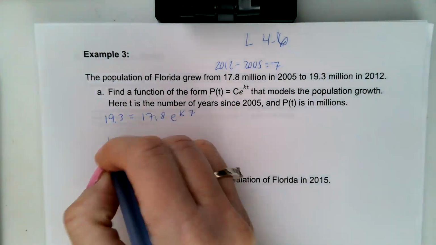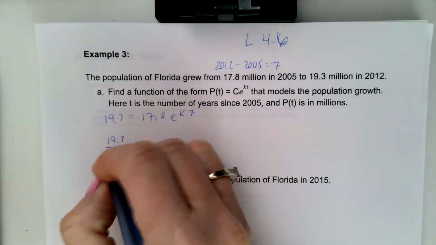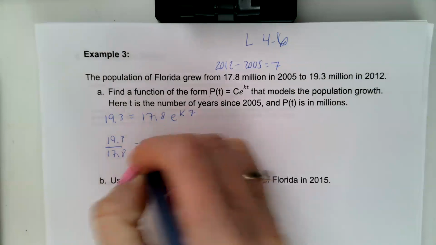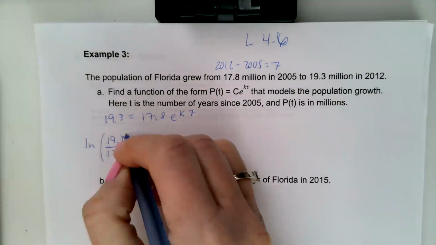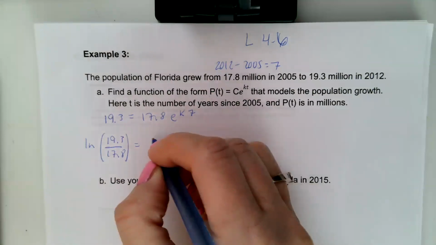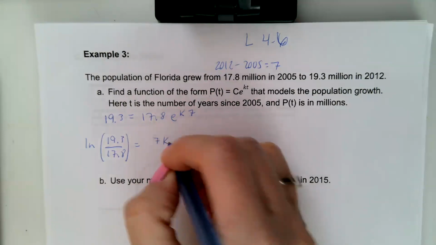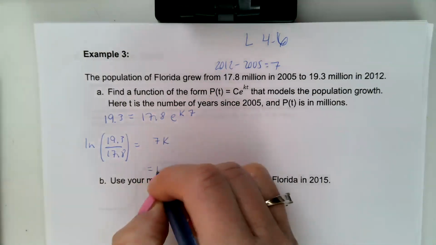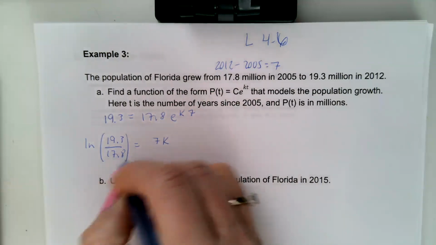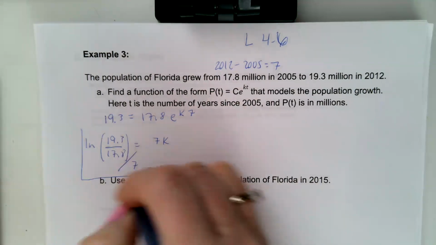So if I divide by 17.8 and take the natural log, that gets rid of e, and we have 7 times k, and then we're going to divide by 7 to find k.